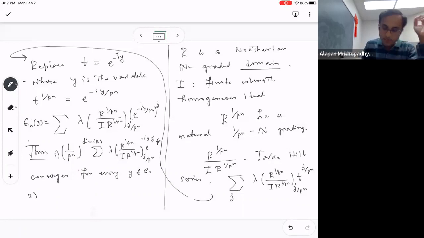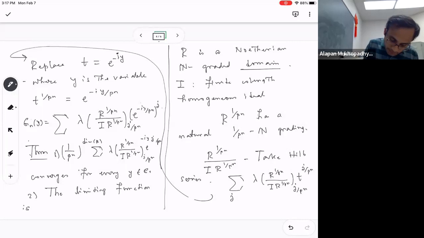And the second statement, so now if I look at the limiting function, that's a function in the complex variable y, and the second statement says that the limiting function is actually holomorphic everywhere on the complex plane C.